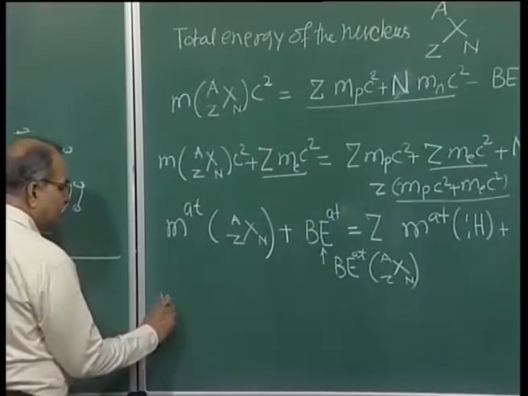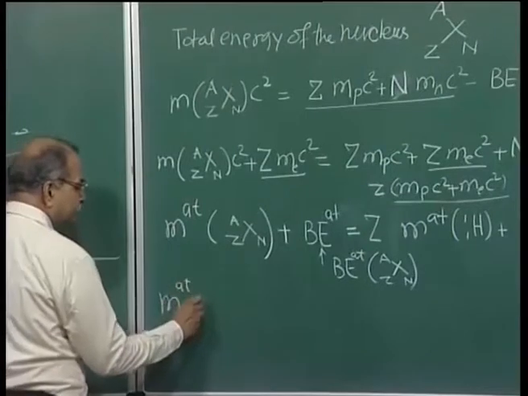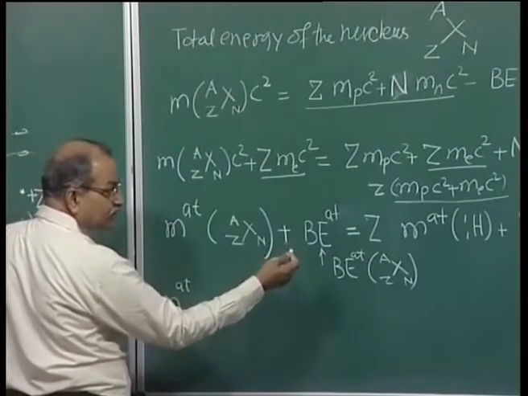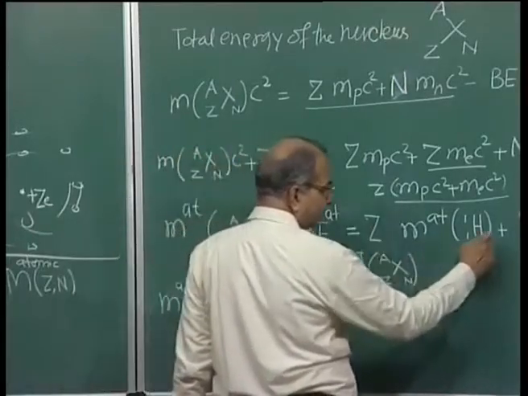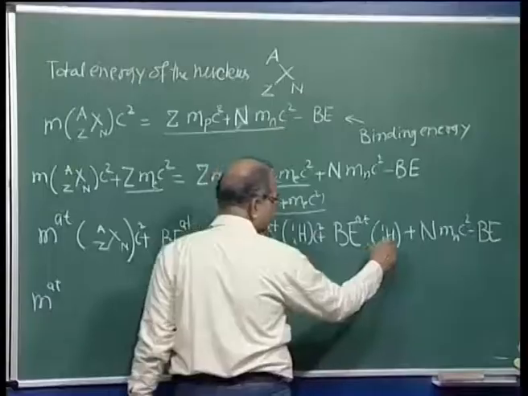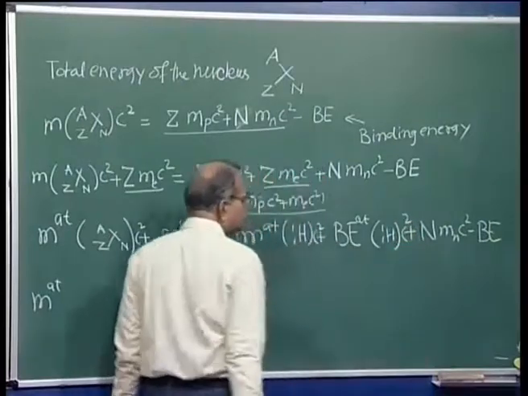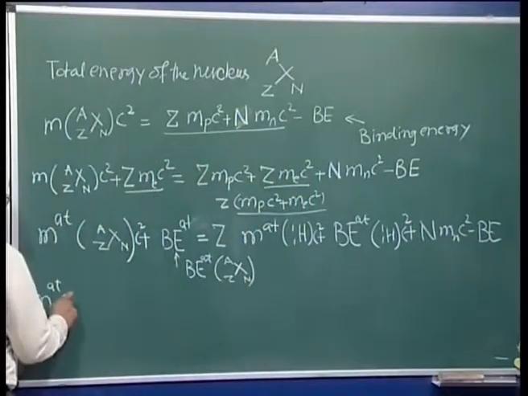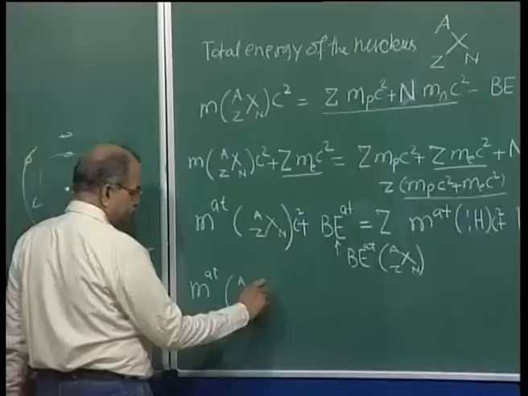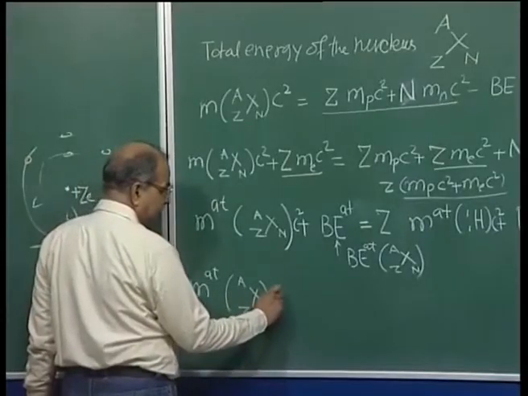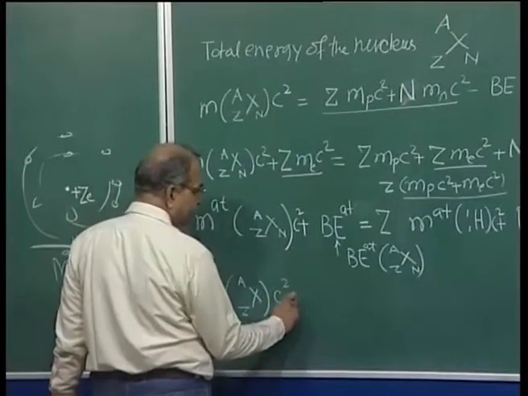Okay. So, atomic mass C square, put C square at proper places. So, atomic mass of this A X Z, C square is equal to this.